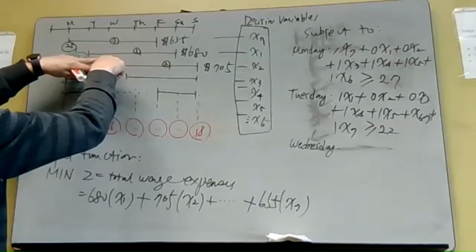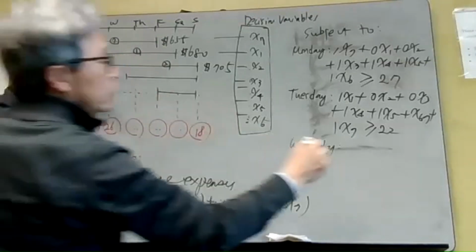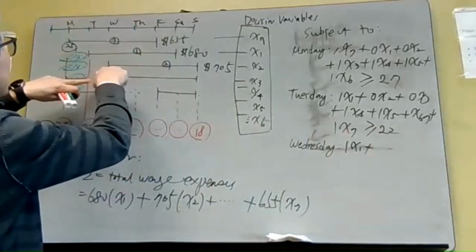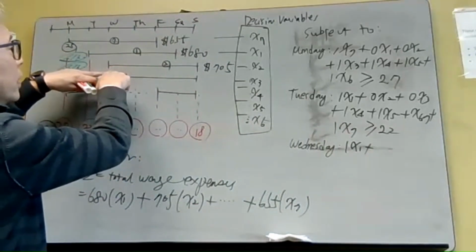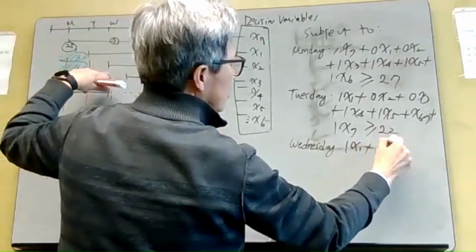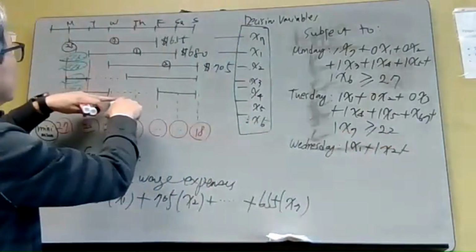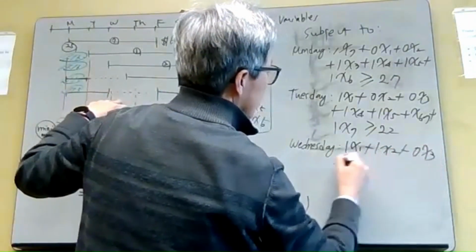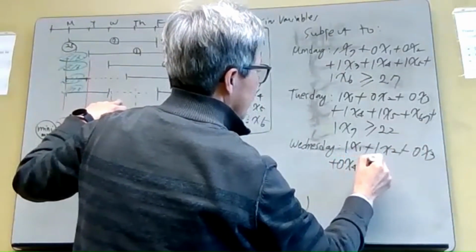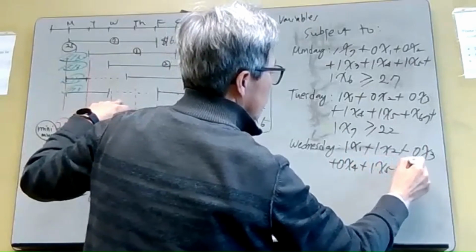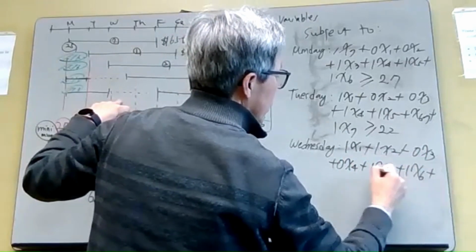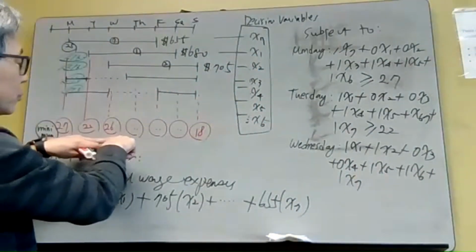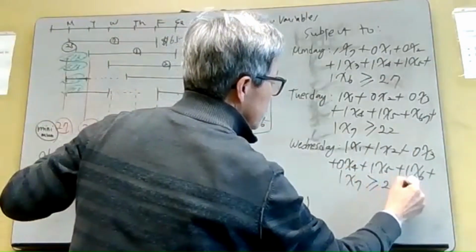Let's start from shift 1, 1x1, 1x2, 0x3, 0x4 plus 1x5, 1x6, 1x7 should be greater than or equal to 26.